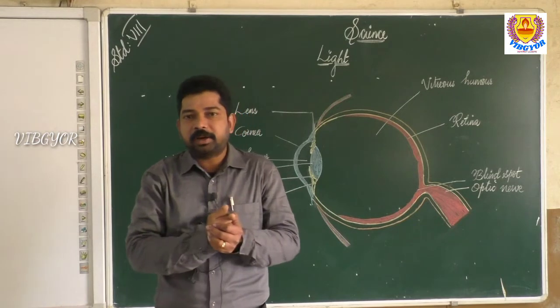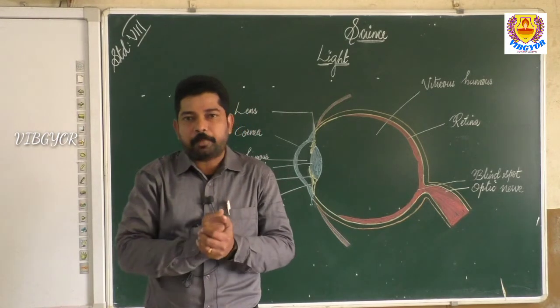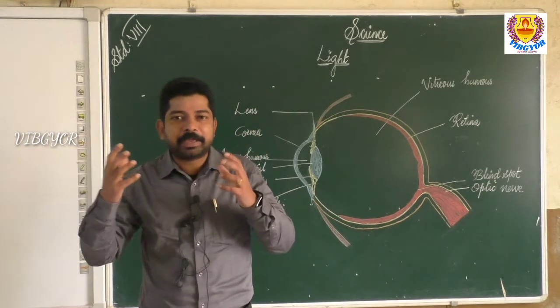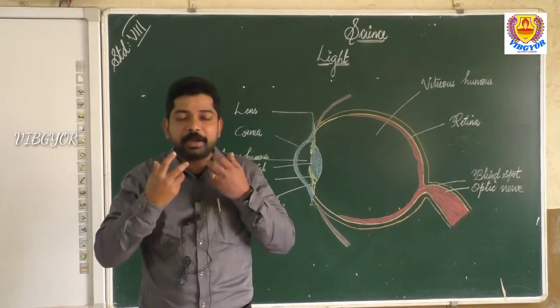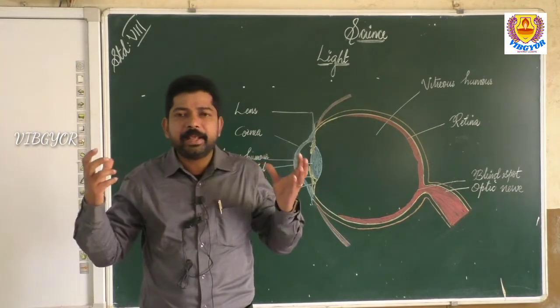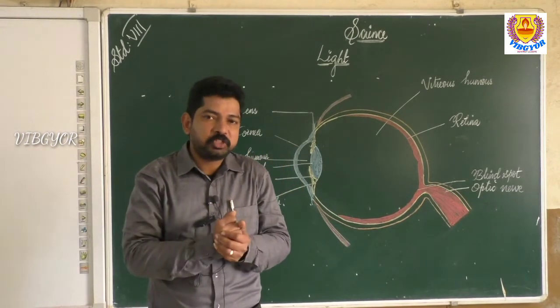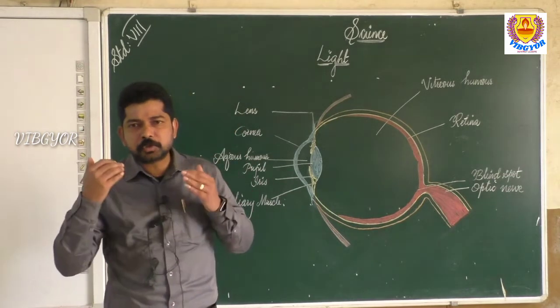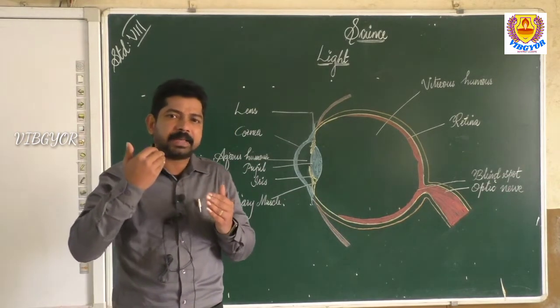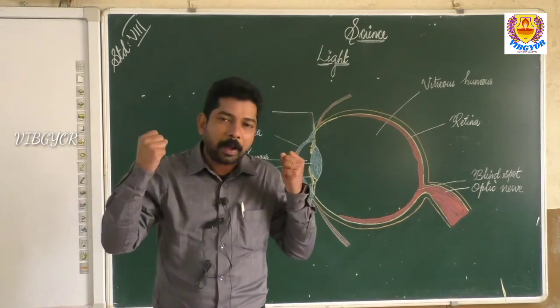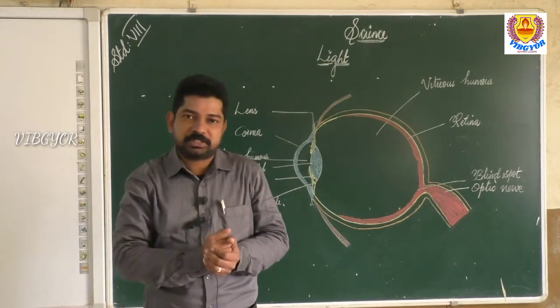Another example is when you go to a sweet shop, where many mirrors are kept, and it gives the appearance of many sweets in that shop. Another one is jewelry shops. In jewelry shops also many mirrors are arranged that give the impression that the whole shop is filled with jewels.